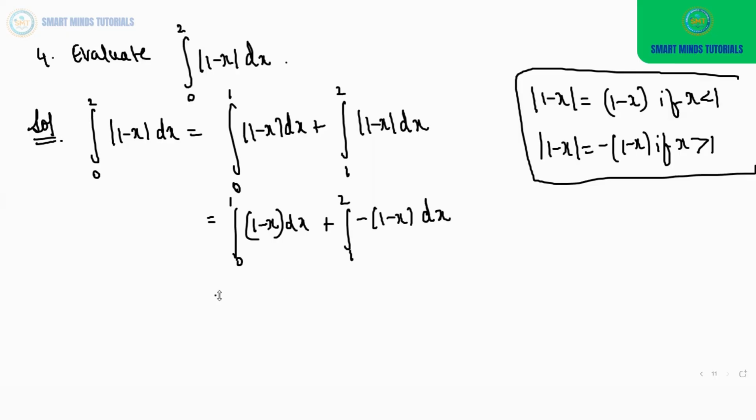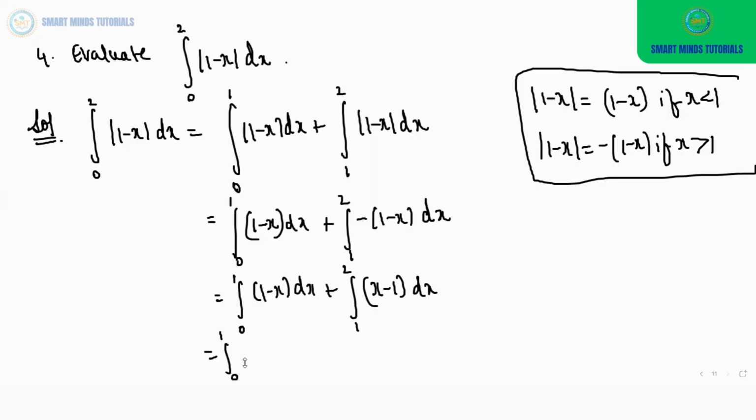Understood? Now that is integral 0 to 1, 1 minus x dx plus integral 1 to 2 minus, if I take inside, it will become x minus 1. 1 minus x will become x minus 1. Now separating the integrals.